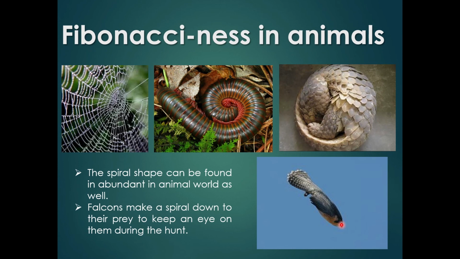When the prey moves, they cannot really identify it unless they tilt their head left and right, top and bottom. So it's easier for them if they fly in a spiral type trajectory, not a straight line. So you can notice some Fibonacci type pattern.